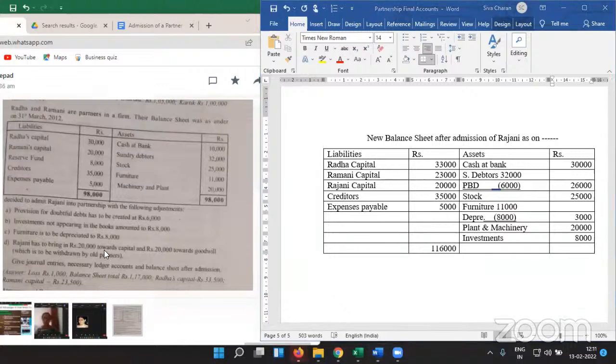Assets, you're getting 1,12,000. So a 4,000 difference we are getting. Assets total is 1,12,000. Where has the 4,000 gone?